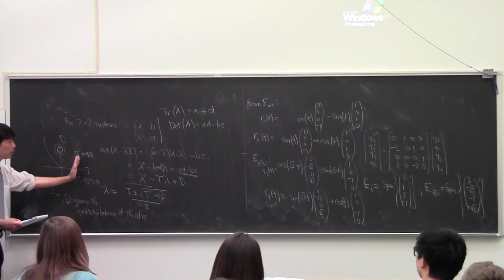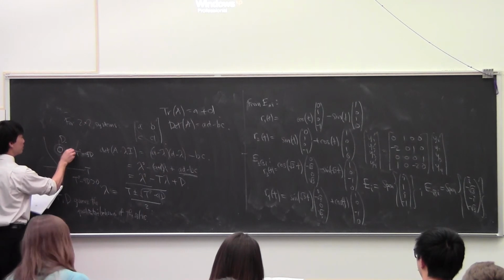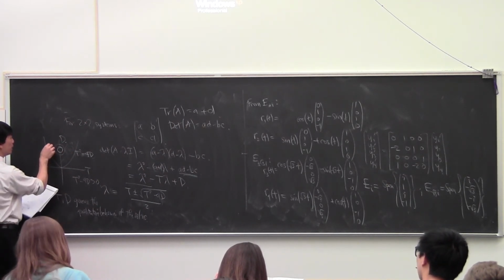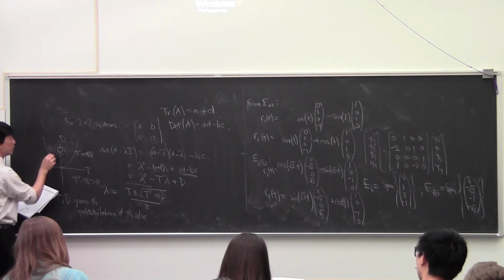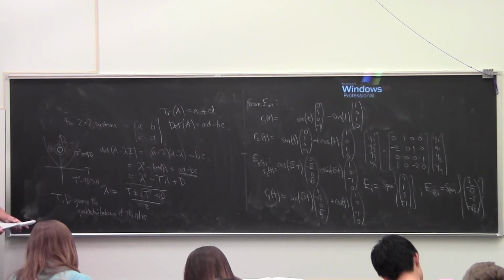If T is positive, things spin out towards infinity. If T is negative, they spin inwards towards the middle. And then here it sort of depends.